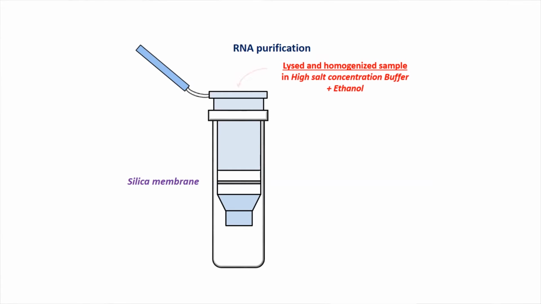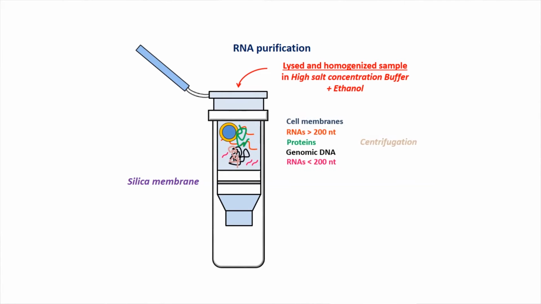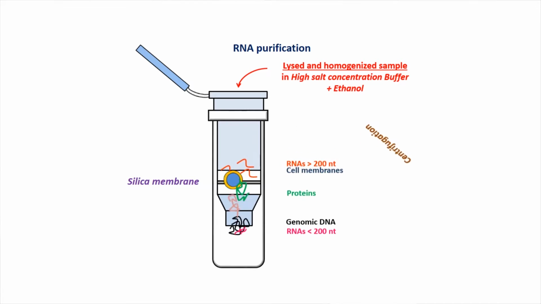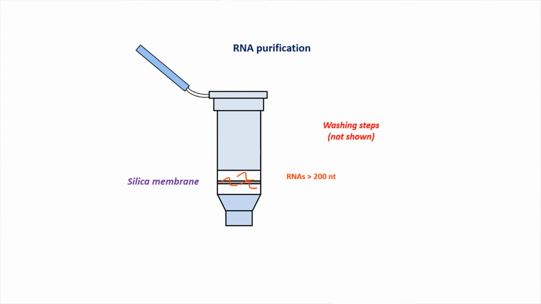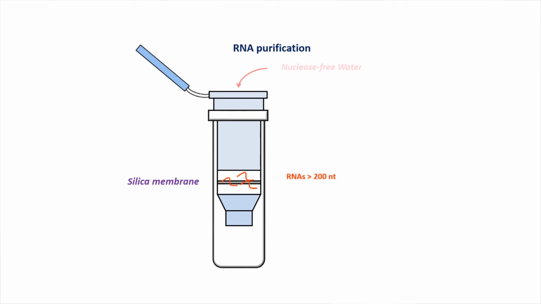Total RNA binds to the membrane, and contaminants are efficiently washed away. After the washing steps, high-quality RNA is eluted in water. With this procedure, all RNA molecules longer than 200 nucleotides are purified.